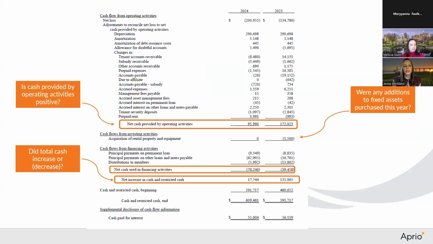So you can see our tenant accounts receivable must have increased year over year because that's showing as a cash outflow. And then we'll look at a payable. So it looks like our accrued expenses went up a little bit. It was an increase in cash, so that means our accrued expenses are more this year than they were last year. Then, most importantly, that net cash provided by operating activities.